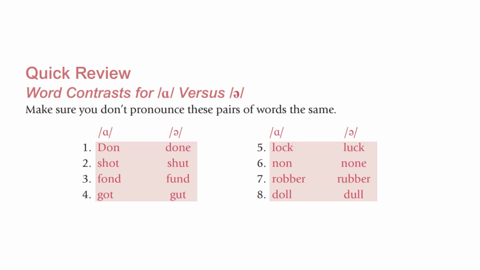Quick review. Vowel contrasts for ah and uh. Make sure that you don't pronounce these pairs of words the same. Dawn, done. Shot, shut. Fond, fund.